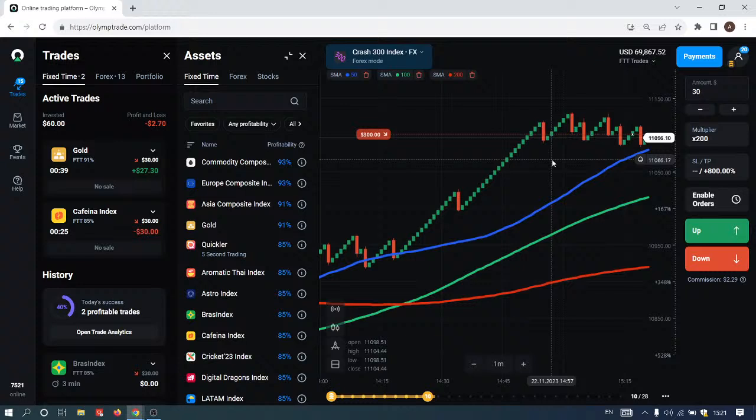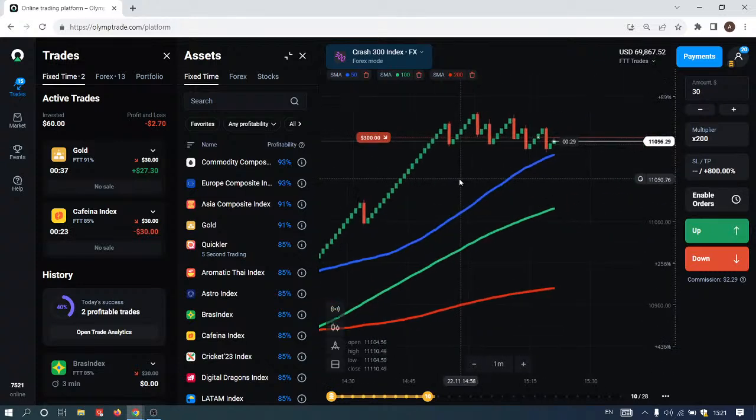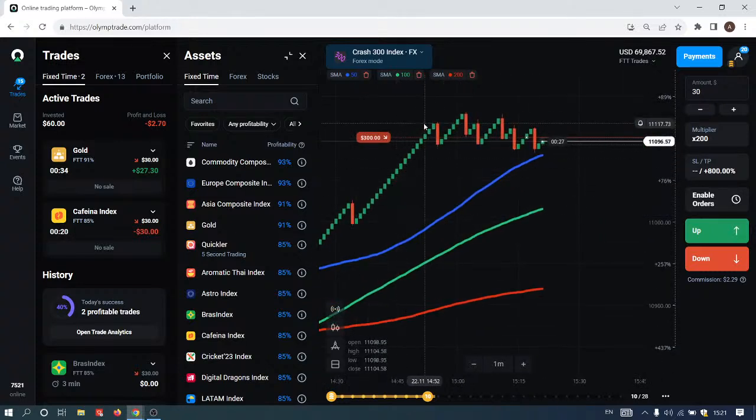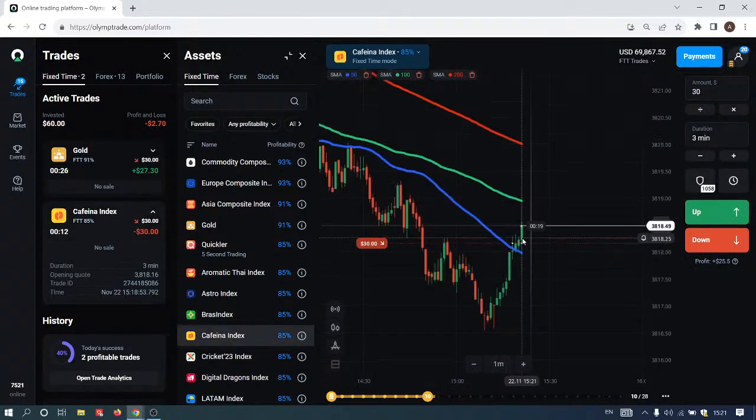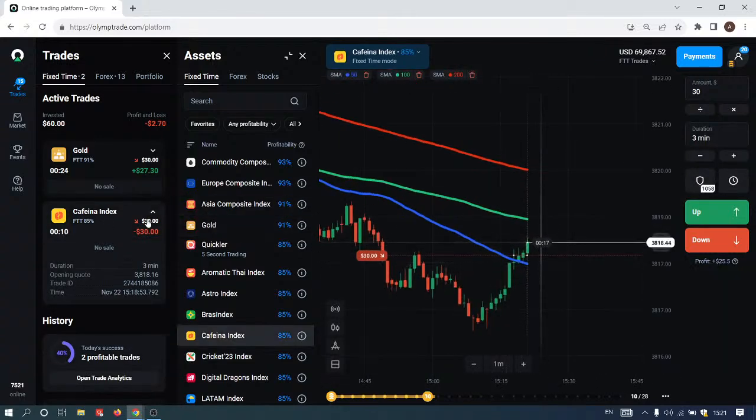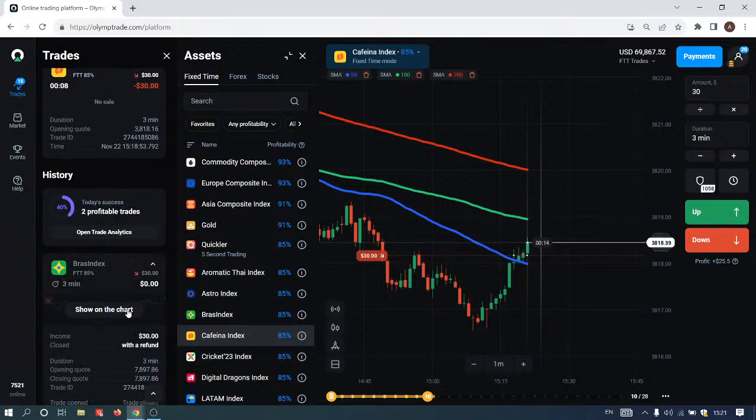The likelihood of continuous green candlesticks diminishes with every next green candlestick. So that's the beauty of this index, that you can count these numbers, these possibilities.